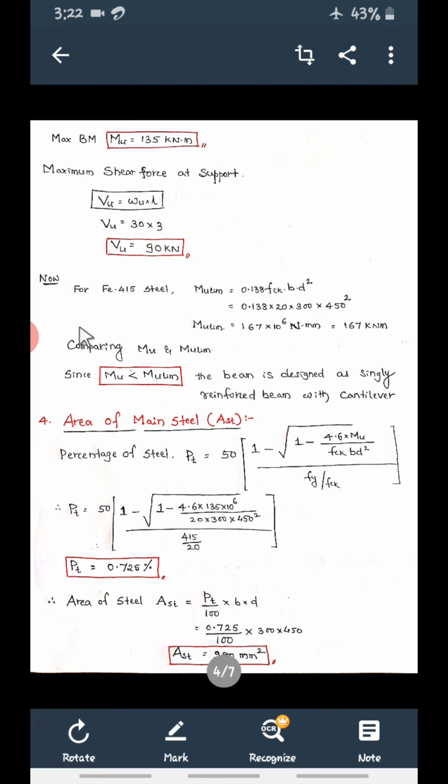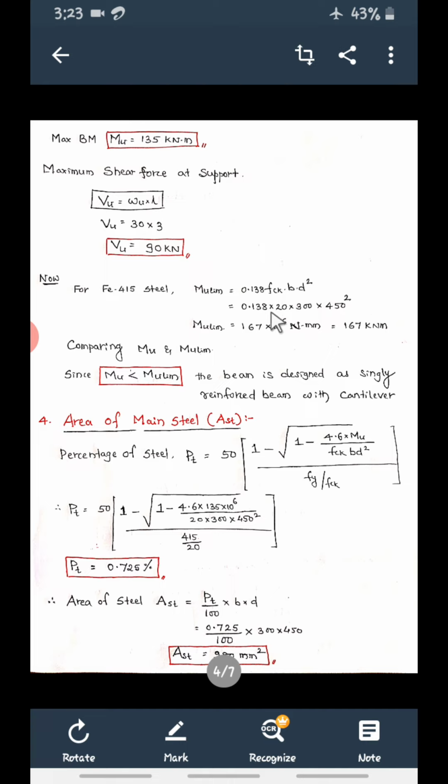Now we'll calculate whether we have to design this as a singly reinforced beam or a doubly reinforced beam. No doubt it is a cantilever, but whether it is a singly reinforced or doubly reinforced cantilever beam, you have to check. For that we'll calculate MU limit. For Fe415 grade steel, MU limit is equal to 0.138 FCK BD square.